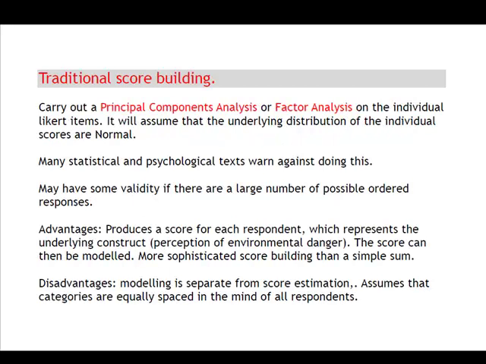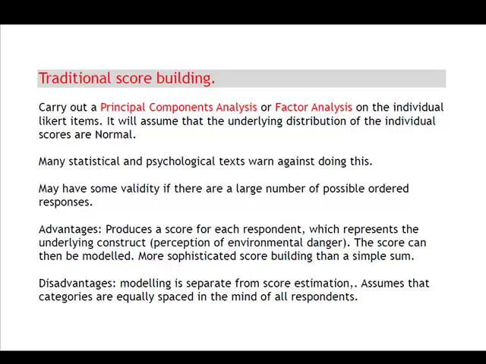The other thing that's often done is principal component analysis or factor analysis on these sets of items, just by plugging the variables into a standard PCA or factor analysis program. Many statistical and psychological texts warn against doing this, but it's still done quite regularly. Well, maybe there's some validity if you're using 7 or 9-point scales.